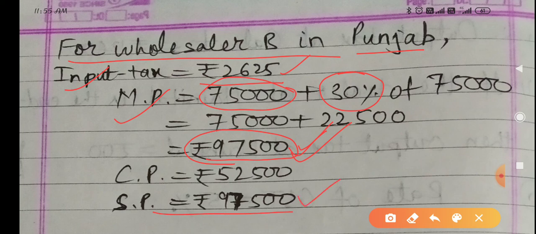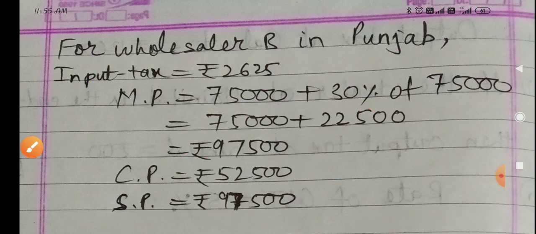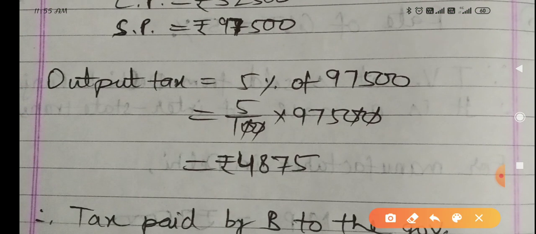But for dealer B, CP was 52,500. So output tax will be 5% of 97,500 because it is tax on sale. Tax on selling price is output tax. Tax on cost price is input tax. So it is 4,875 output tax.